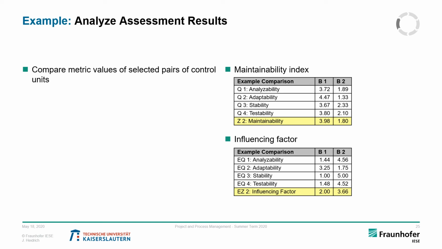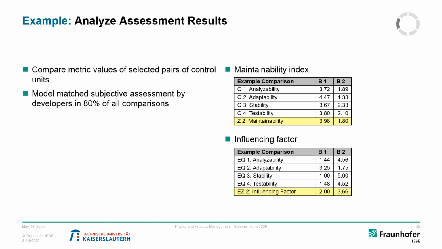So how can we interpret these numbers? Well, in this situation, it's relatively clear because despite the fact that the environment, the influencing factors, were relatively bad for B1, the maintainability was still quite good compared to B2. So in this case, we have a good indication that B1 is really quite good regarding the maintainability.